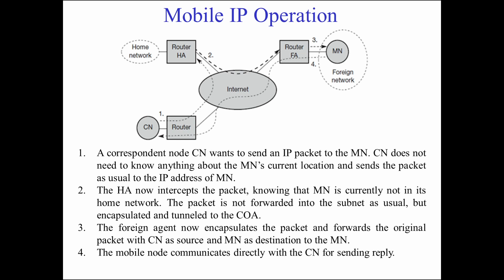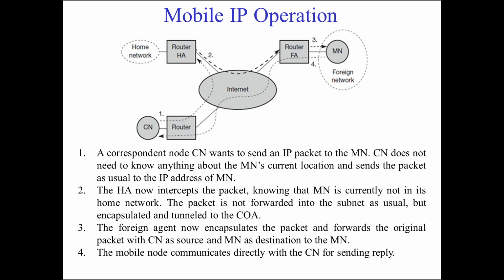That care of address has been informed to the home agent. Now the home agent knows very well that the mobile node is not available in its own network. It has moved away to the foreign network, and using the care of address, the packets will be reframed as new packets. Those new packets will be forwarded from the home agent to the foreign agent. That is step 2.